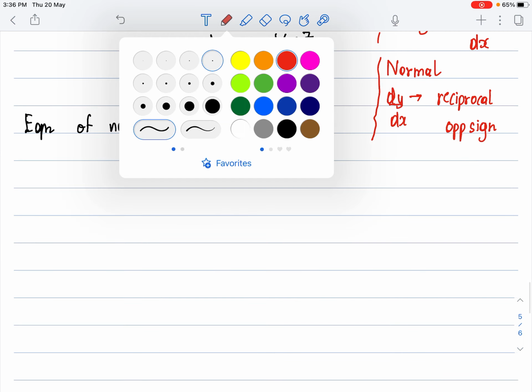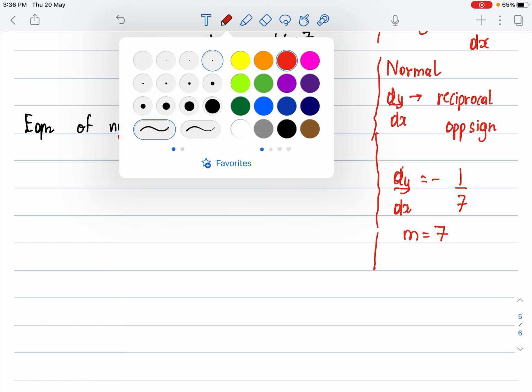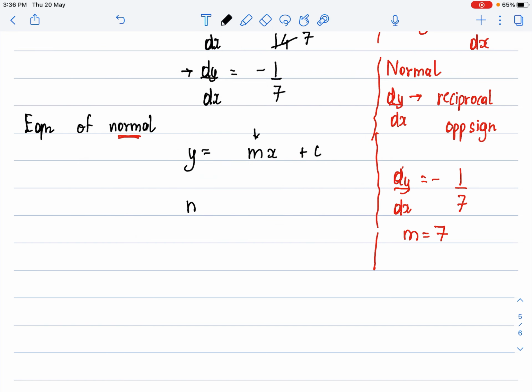So now if my dy by dx is minus 1 over 7 and I need the equation of the normal, that means I need to reciprocate first, which will give me negative 7, and now the opposite sign. So my m will become positive 7. Got it? So my m is equal to 7 here.